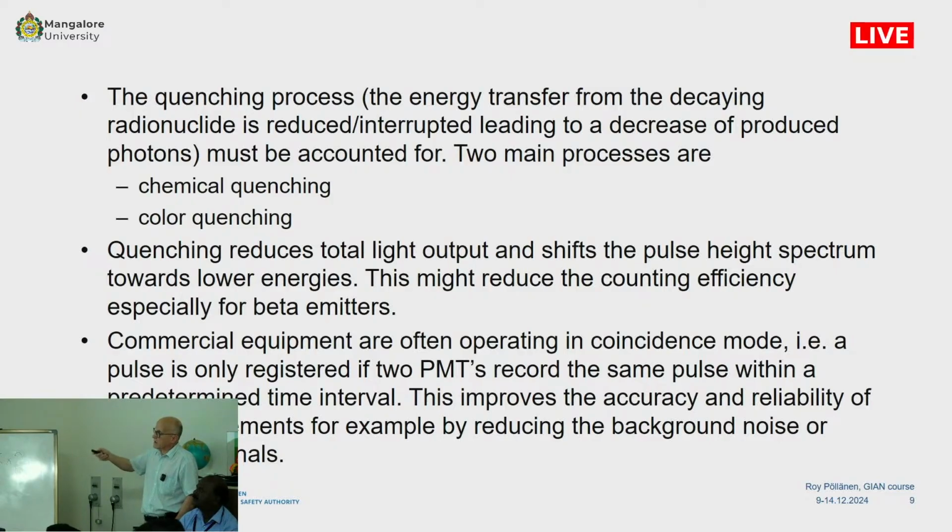There are at least two main processes. There are some others, I think, chemical quenching or color quenching. Are there some others too? Yeah. So this reduces total light output and shifts the pulse height spectrum towards lower energies. And this might reduce the counting efficiency too.